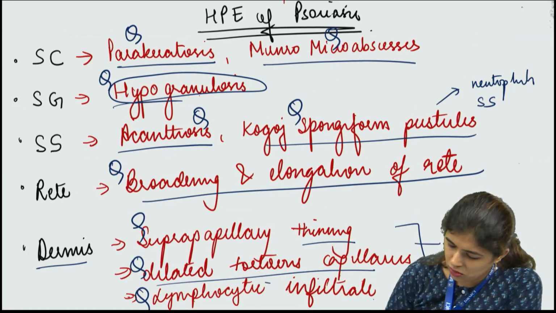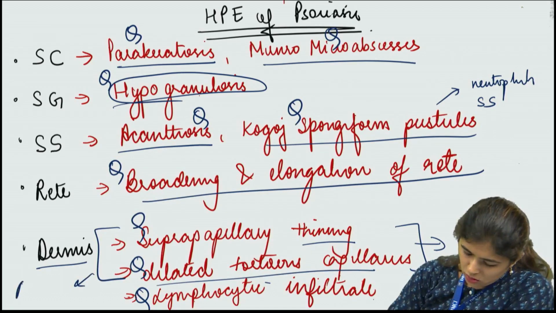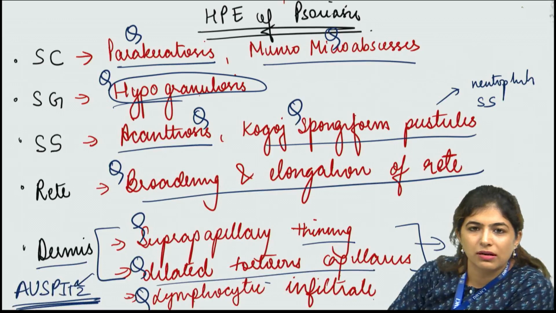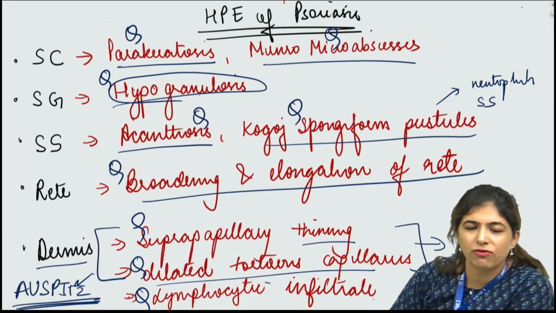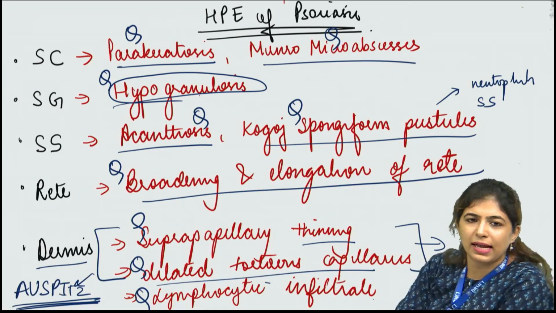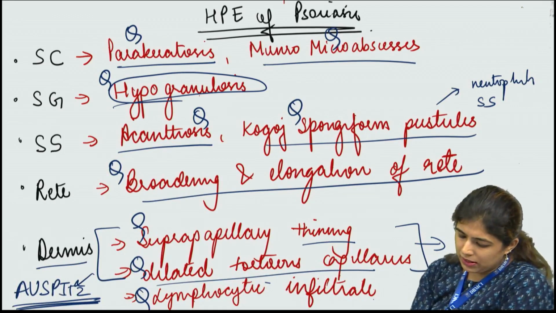These two are the causes why you see Auspitz sign. Auspitz sign, this is also a question. Why do you see positive Auspitz sign in psoriasis? It is because of a combination of these two factors, suprapapillary thinning and dilated tortuous dermal capillaries.